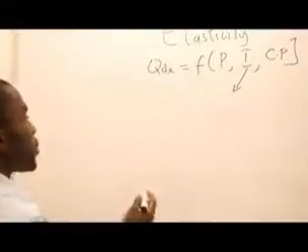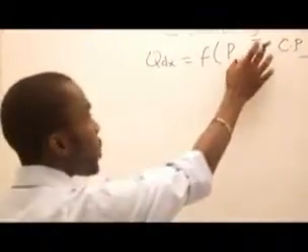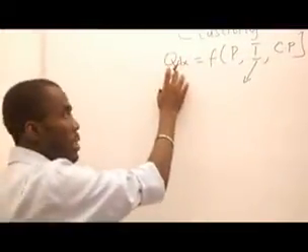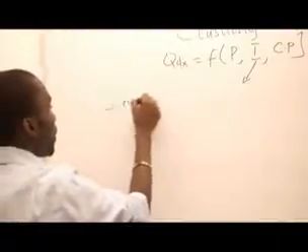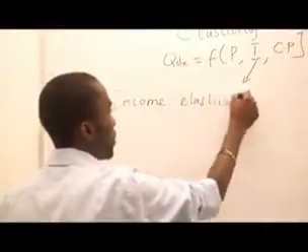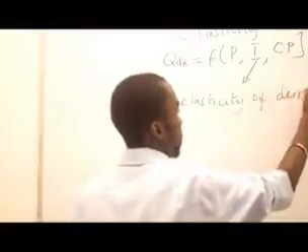So now here what we are doing is looking at the effect or the impact of income on quantity demanded. And this is what we call income elasticity of demand.